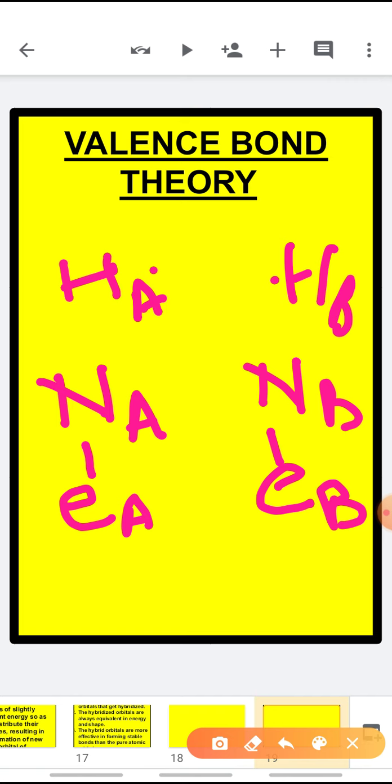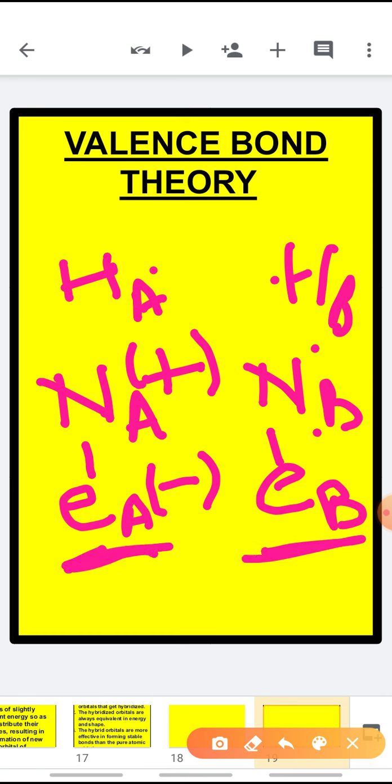The nucleus is positively charged, electrons are negatively charged, and opposite charges attract each other. Similarly, the nucleus of the other atom and the electron of the other atom will also have an attractive force between the two. Repulsive forces will be there between the electron of one atom and the electron of the other atom. Similarly, repulsive force will be there between the nucleus of one atom and the nucleus of the other atom.